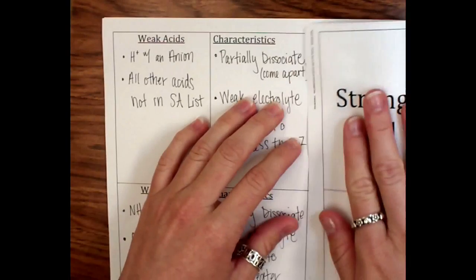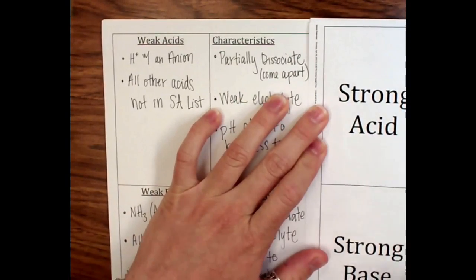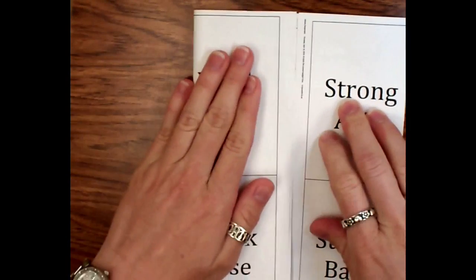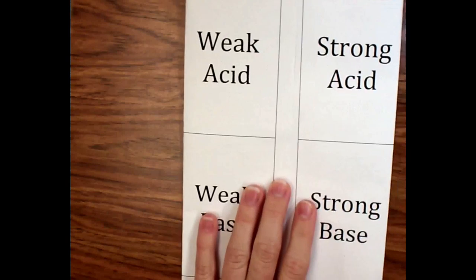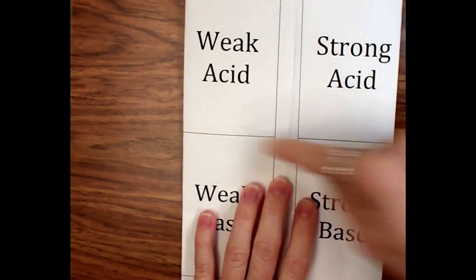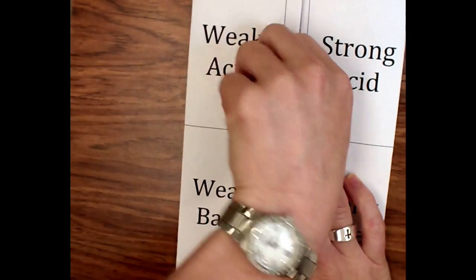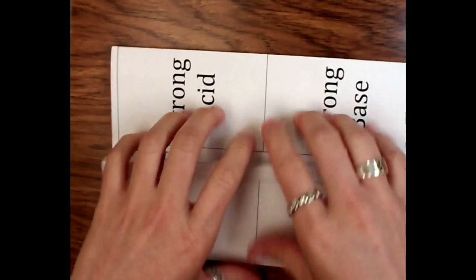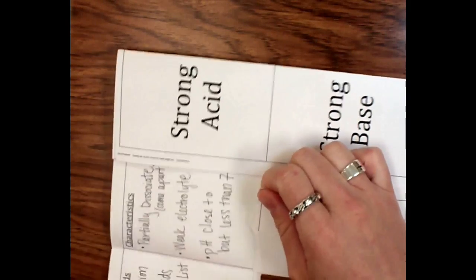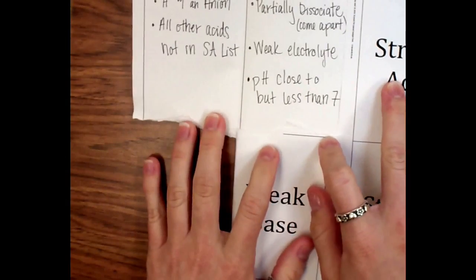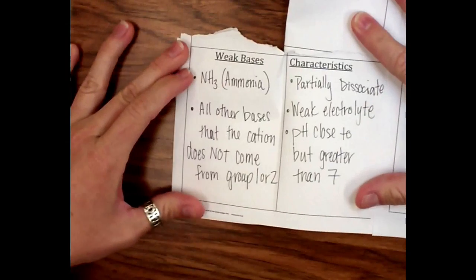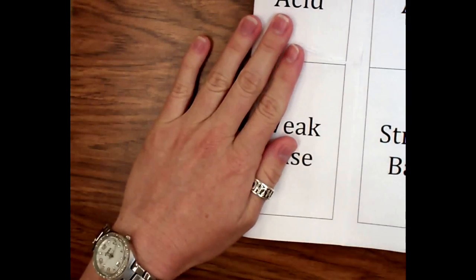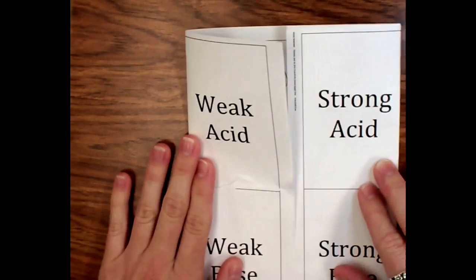Fold it in towards the middle on this side, then from the opposite side, and cut the flaps on these lines. When I open one flap, all I see is stuff about a weak acid, and when I open the other, all I see is stuff about a weak base. But your call: fold it, leave it open, do as you wish.